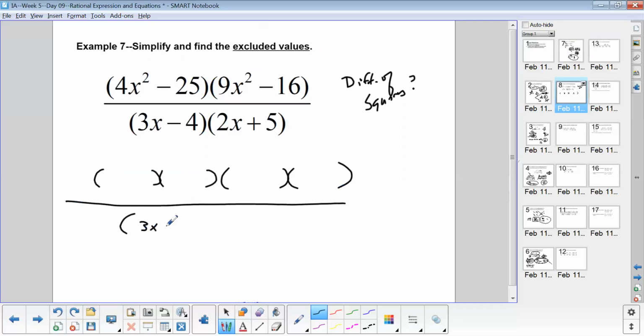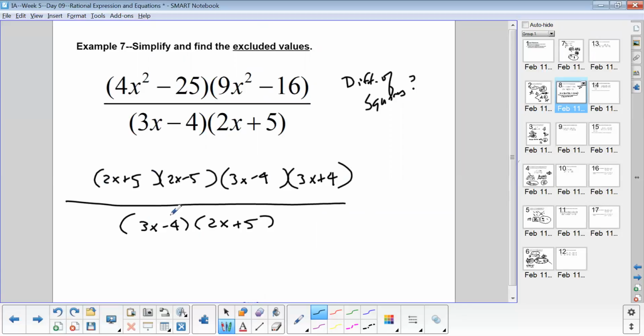And then 3x minus 4, they don't have anything in common, and 2x and 5 don't have anything in common either. So this would factor into a conjugate, 2x plus 5, 2x minus 5. Conjugates here would be 3x minus 4 and 3x plus 4.